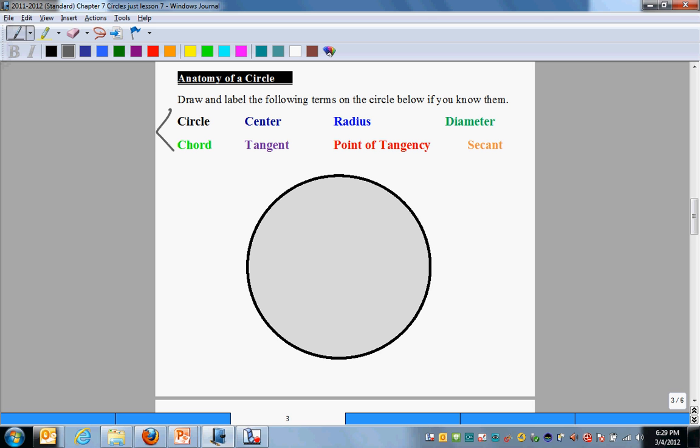Some of these terms you might be familiar with, and it would be interesting to test yourself ahead of time to see what you already know and remember. So at this point, pause the video, attempt to label those 8 items or any of them that you do know, and then come back.